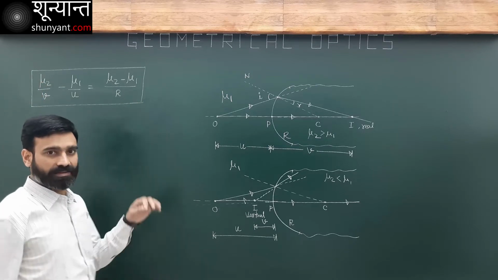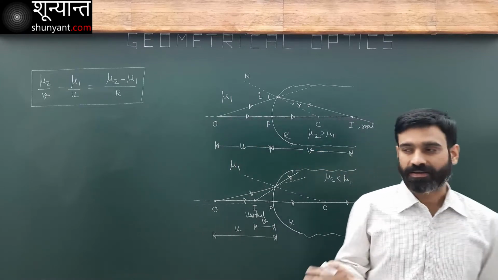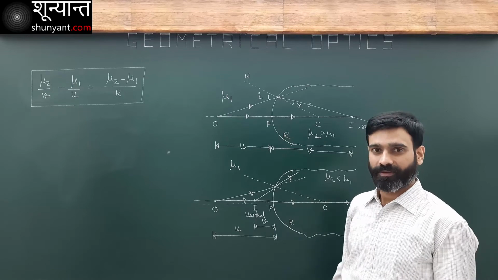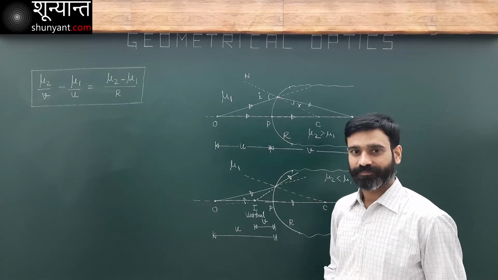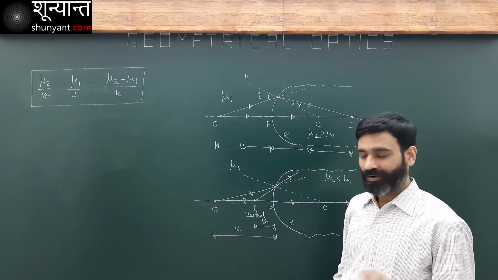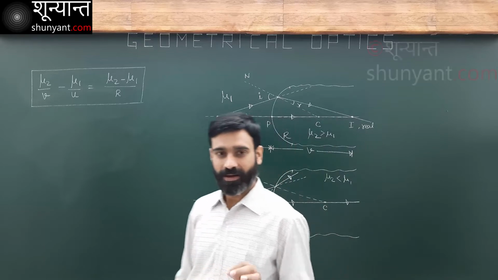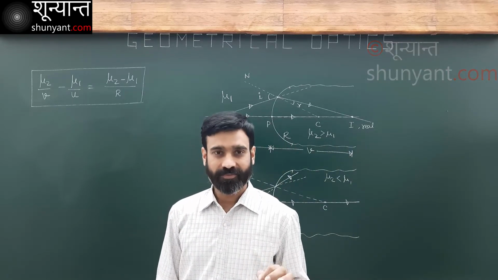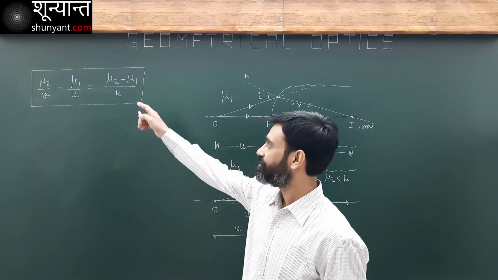This is refraction and image formation from a spherical surface of radius r. The formula itself is very simple, but when we really start solving problems using this formula, there are certain moments where it becomes really confusing, especially while choosing mu1 and mu2.